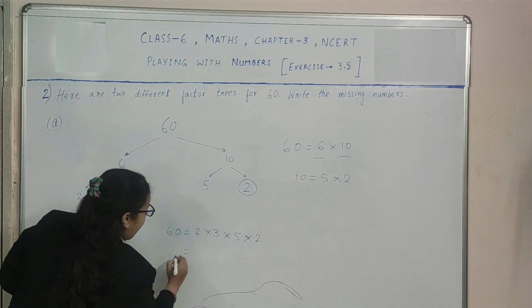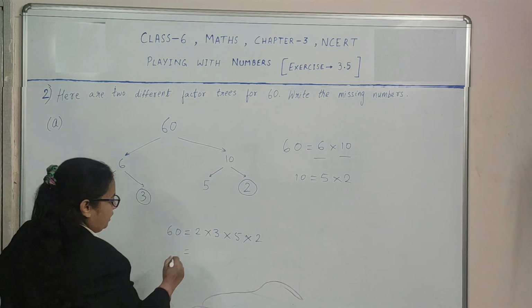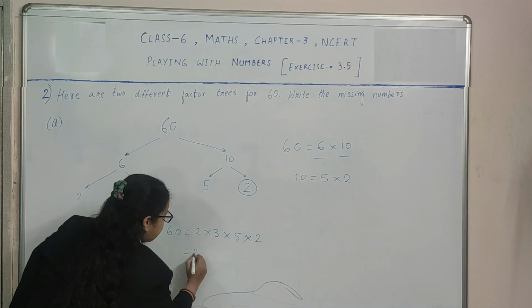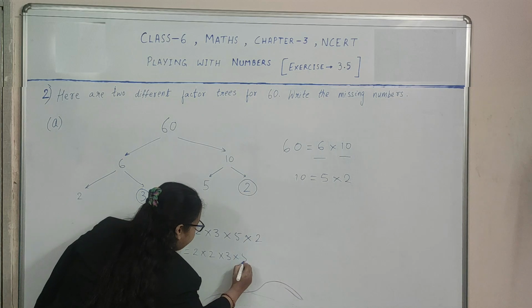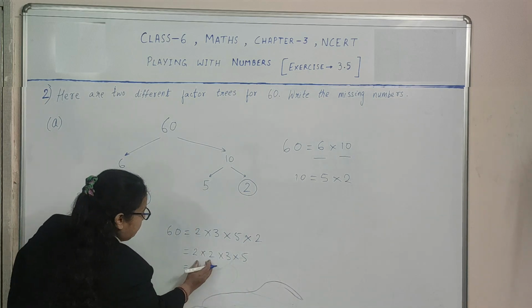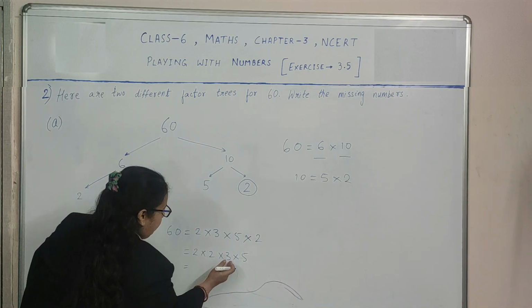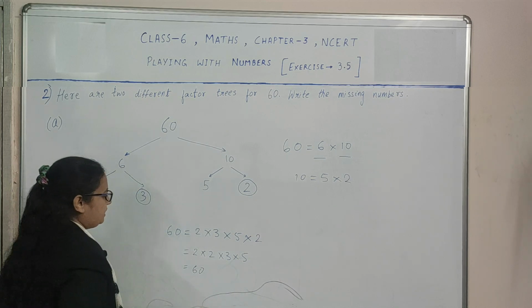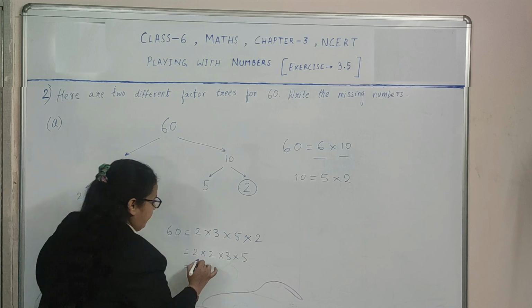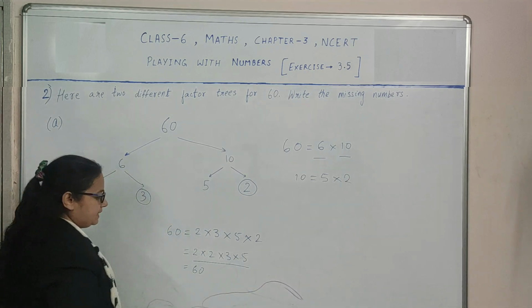Okay, so we will arrange it in ascending order. 2 and 2 are 2 times, so 2 multiplied by 2, 3 is 1 time, and then 5. So what will you get? See, 2 2s are 4, 4 3s are 12, and 12 5s are 60, right? So this is the prime factorization of 60.